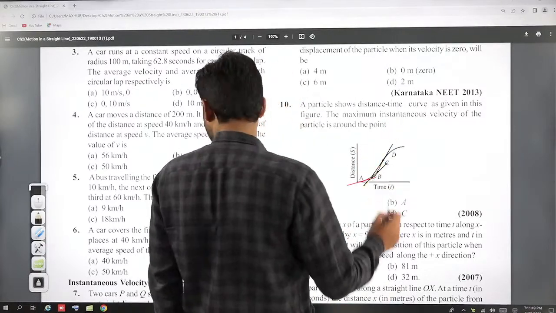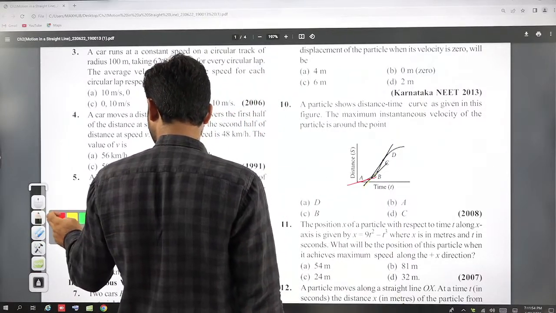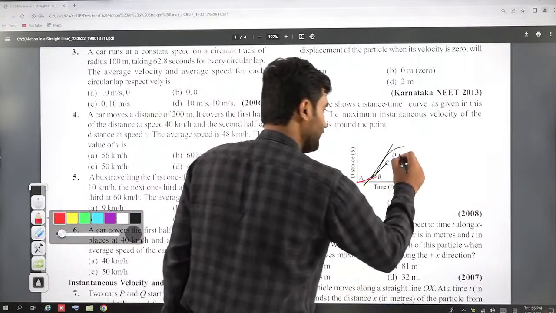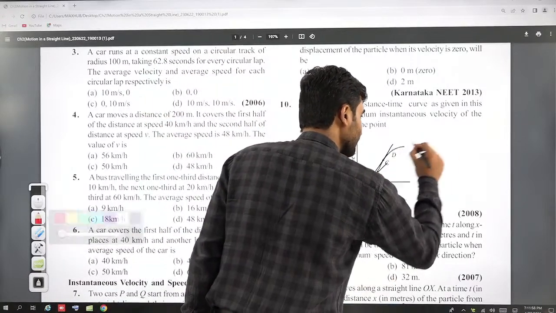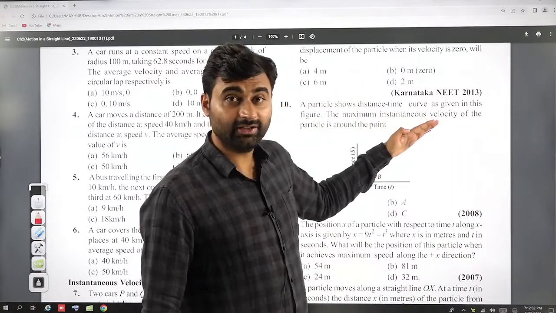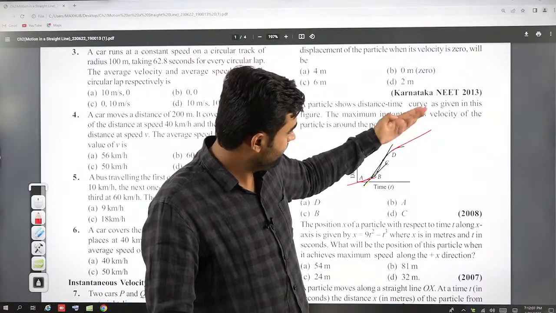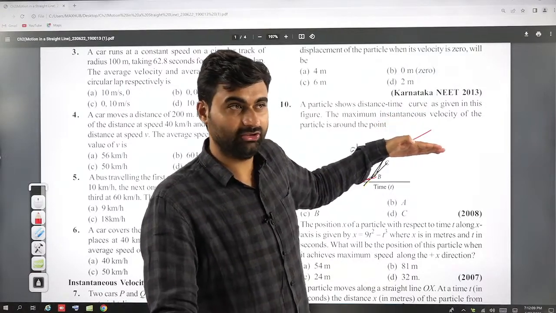And at D, at D again this tangent is flat, or it is towards the horizontal line, right or not?